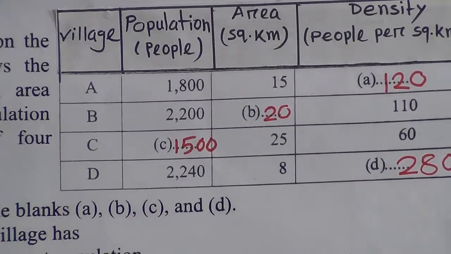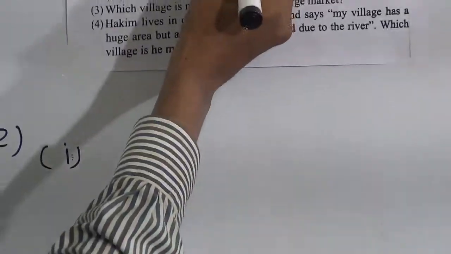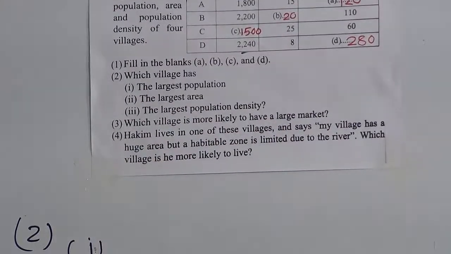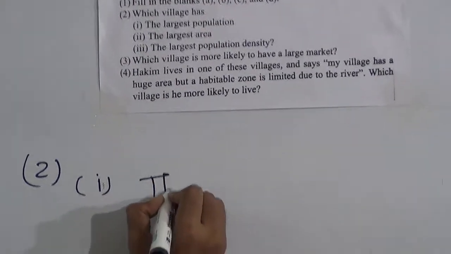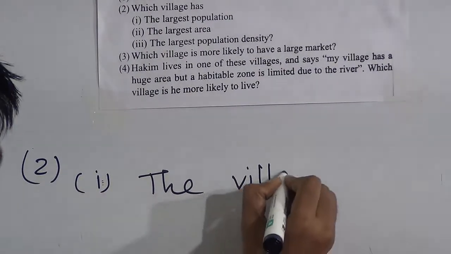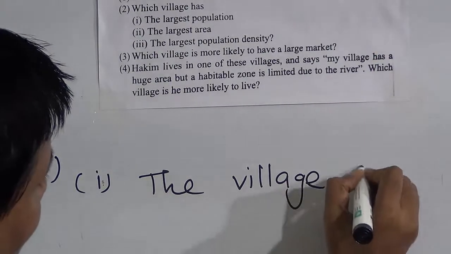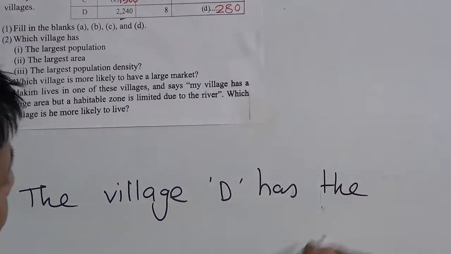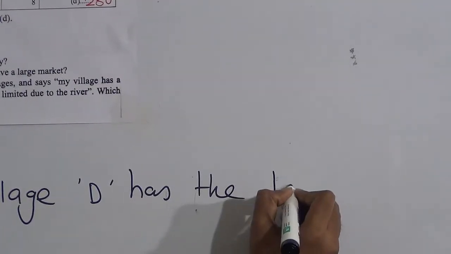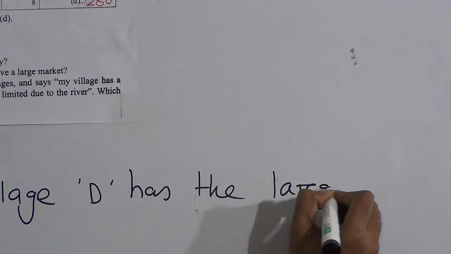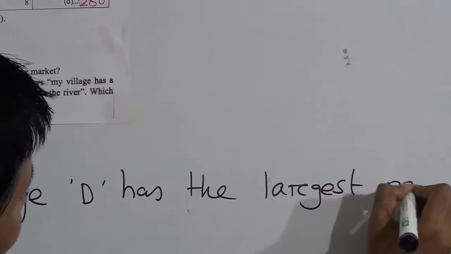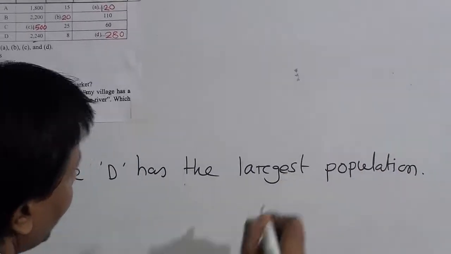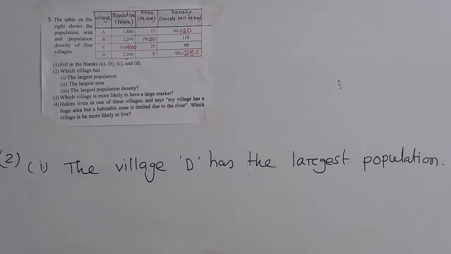So we write that village D has the largest population.